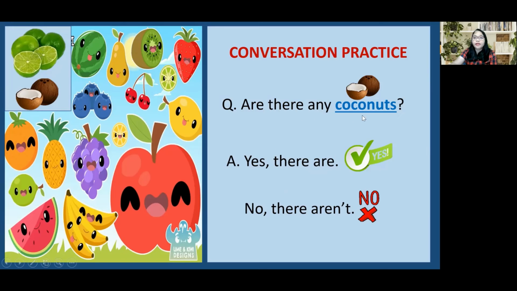So, are there any coconuts? If you look here, yes, there is a coconut. So you say, yes, there are.